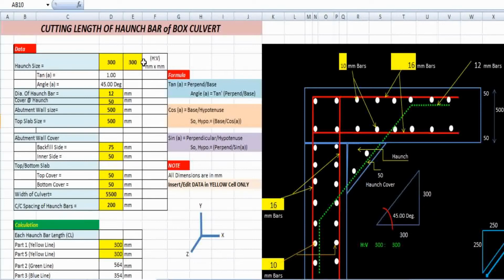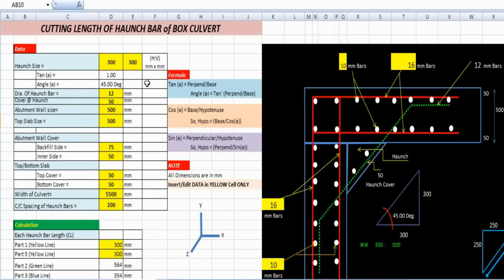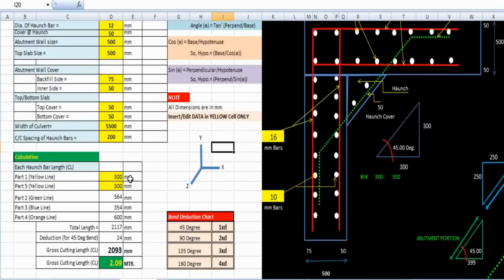Wherever you find a yellow cell, in this place, this place, this place, all the places where you find yellow cells, those cells have to be edited by you only. All other cells have to be left alone. No need to change or rectify them, because the spreadsheet has a calculated format. So whenever you change those values, the result will show immediately.